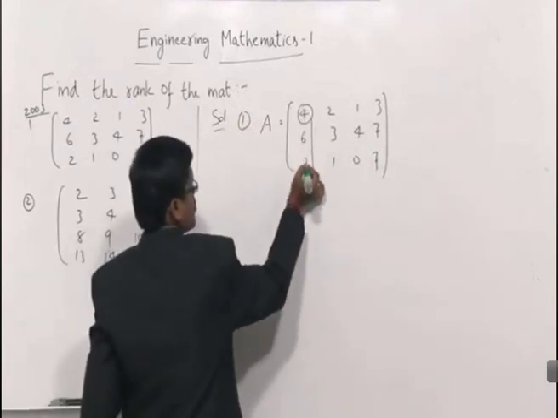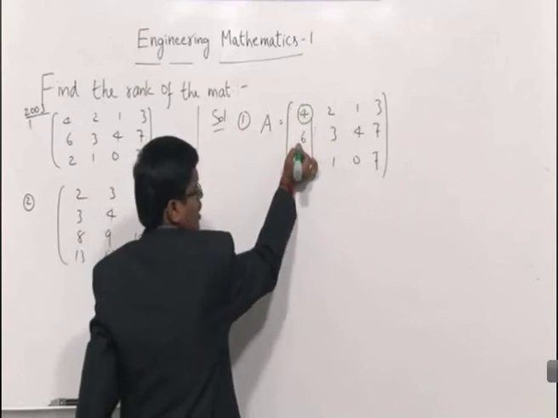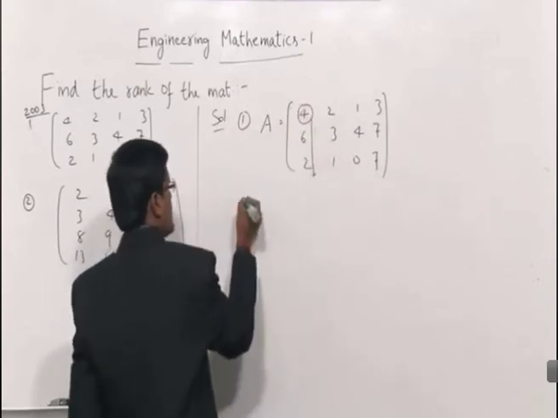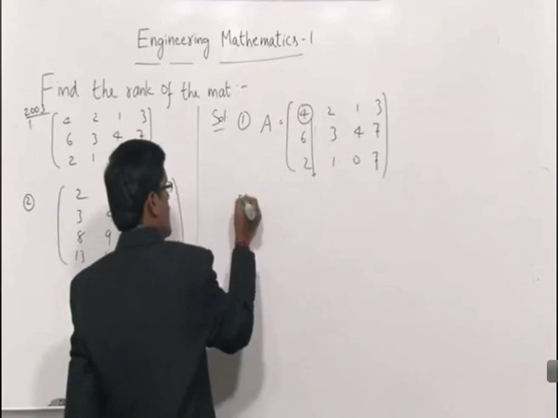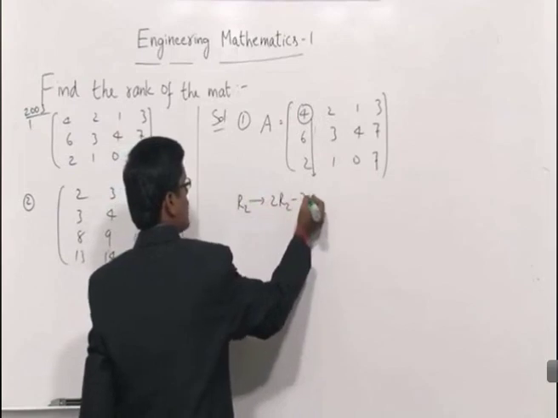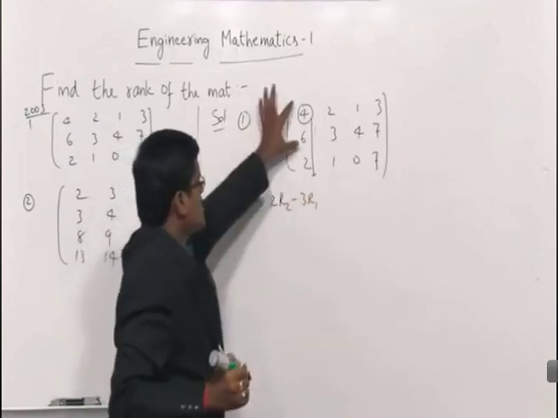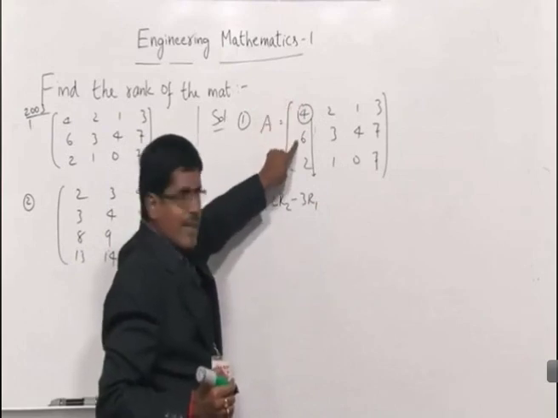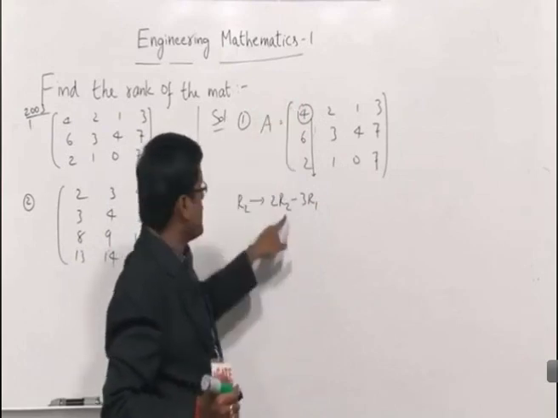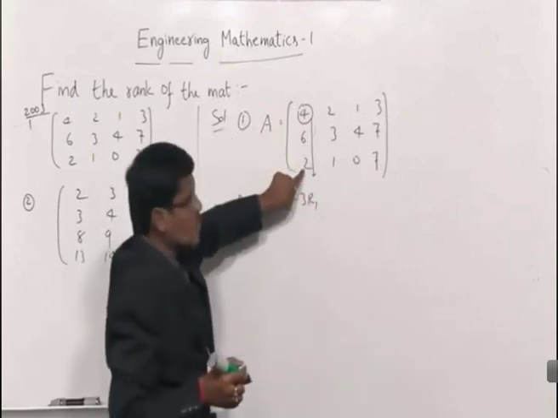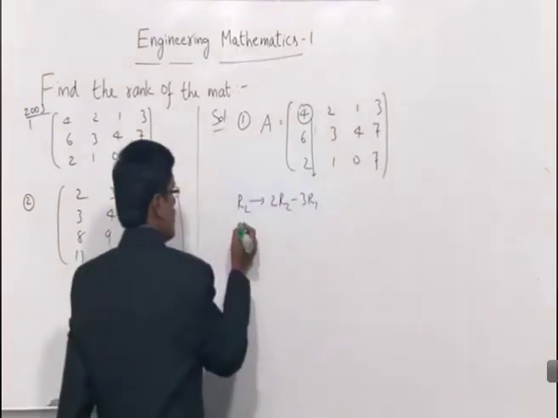So 6, 4. Make 6 equal to 0 and 2 equal to 0 with the help of this 4. 6 is located in R2, 2 is located in R3, 4 is located in R1. Now see the operations. R2 changes to 2R2 minus 3R1. How? The LCM of 6 and 4 is 12, so we make both 12 by multiplying this with 2 and this with 3, and then subtracting. The LCM of 2 and 4 is 4, so we have to get 4 here.